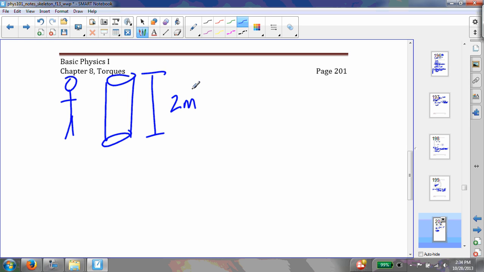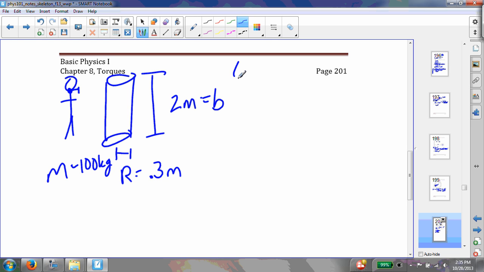And in our table, that is going to be our length B. So if you look back at that table, it says that the length of the cylinder is B. And then the radius of the cylinder, which is R, is going to be the distance from the center of his neck out to his shoulder, which is approximately 0.3 meters, about 30 centimeters, for a typical guy. Now, we'll say that the mass of Richard Pryor is equal to 100 kilograms. That's a pretty big person, but he's tall.